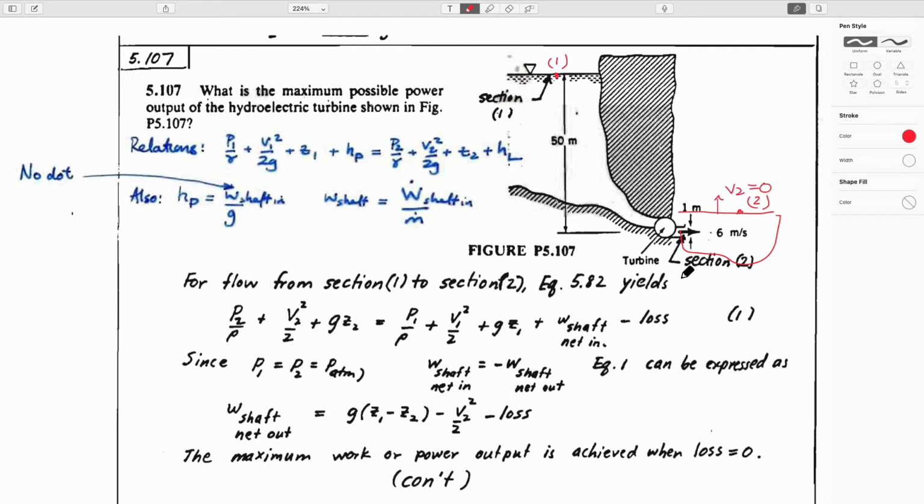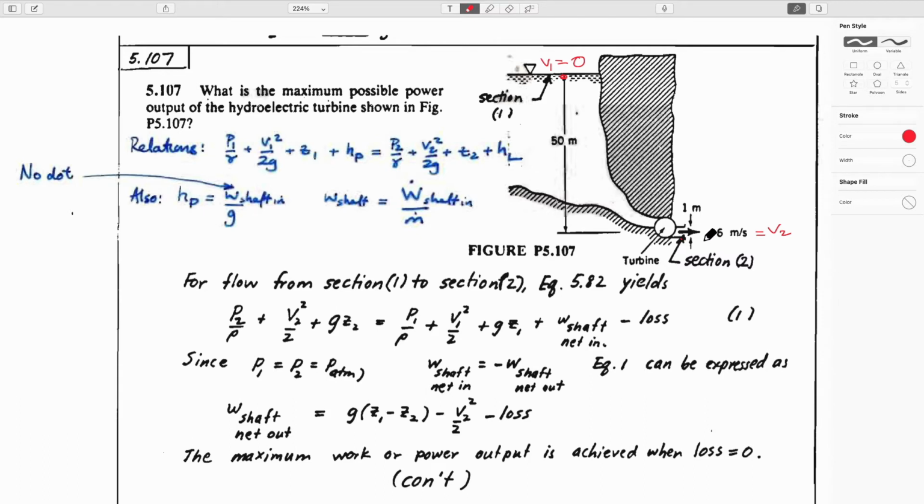But that's not necessarily the case. Here, this is squirting out of the downstream location at some velocity, which is 6 meters a second. So this has to be v2. v1 is still equal to 0.